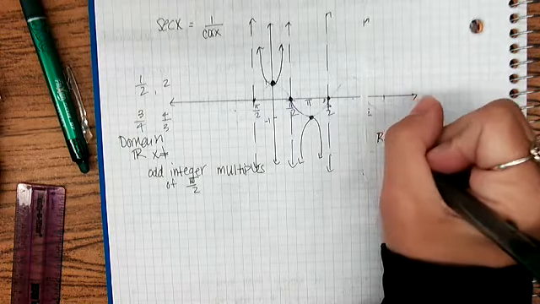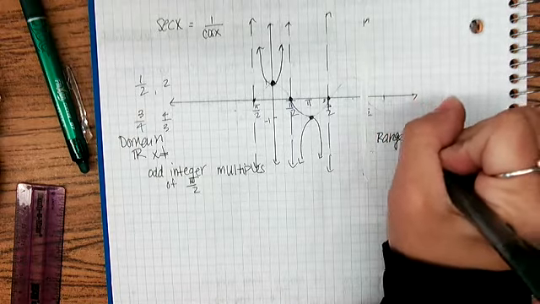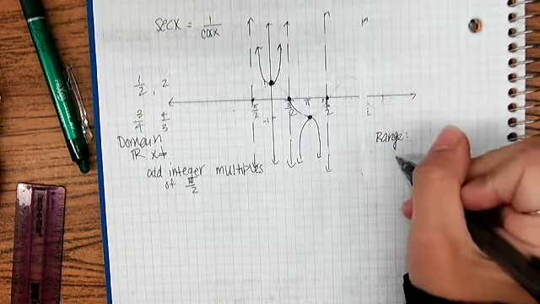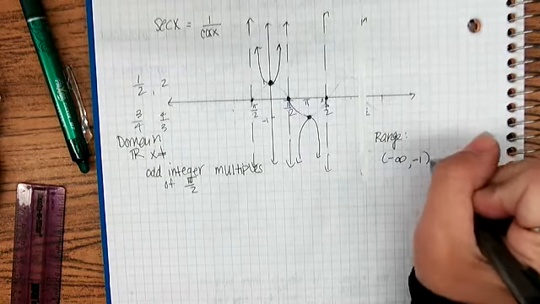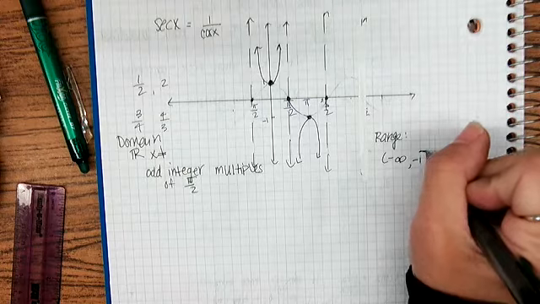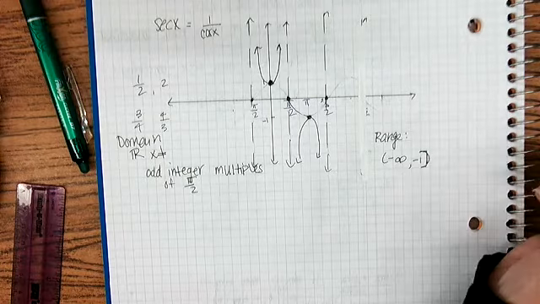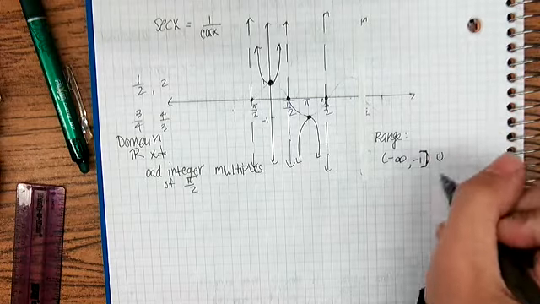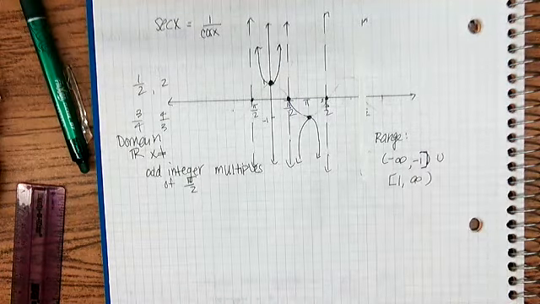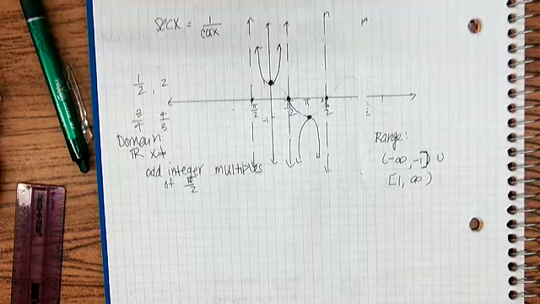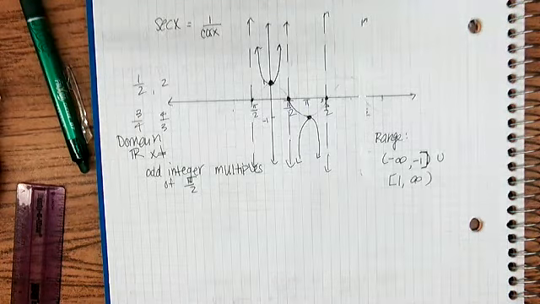And the range is negative infinity to negative 1, with negative 1 included, that should be a bracket, in union with bracket 1 to infinity. The period is 2 pi.